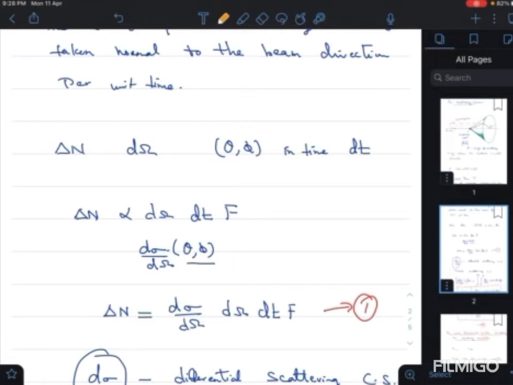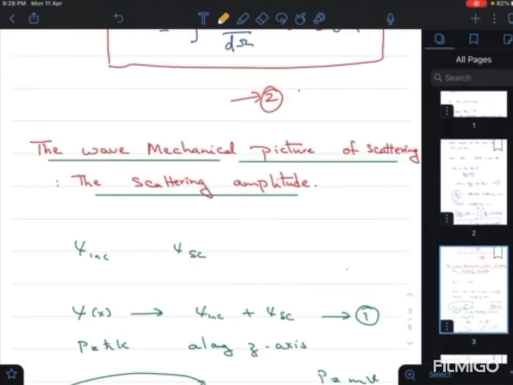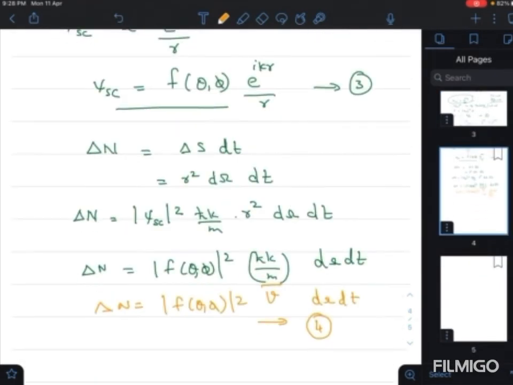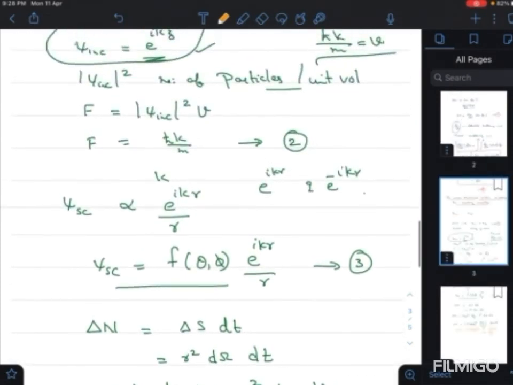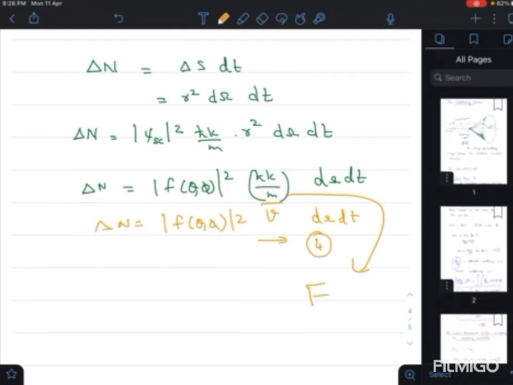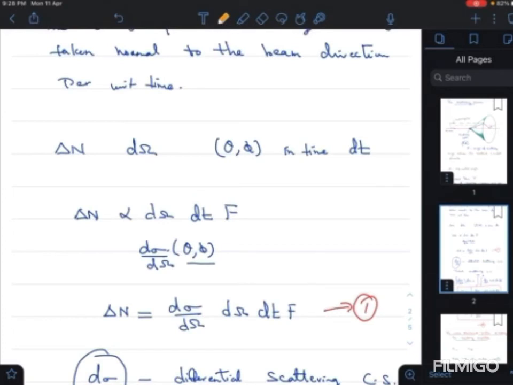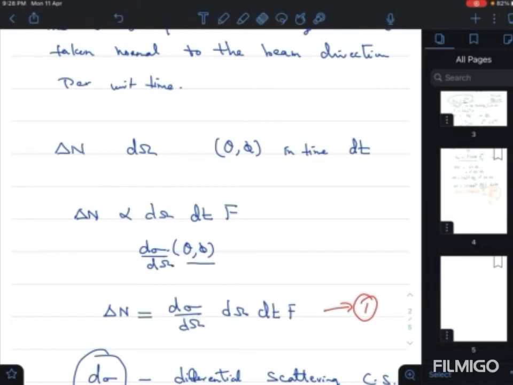We have written flux as h cross k by m. So you can write this as a flux, f h cross k by m. Now you can compare it with the equation we gave in the previous section as equation number 1.